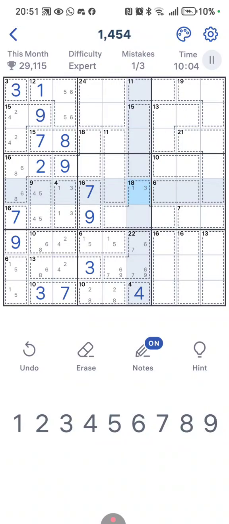I don't even know why I'm doing this. 4 plus 3 would be 7, so that would be 2. 4 plus 1 would be 5. 4 plus 1 is 5, so that'd be 4, and that can't be 4. Okay, I thought that was going to help me for some reason, but it didn't. Oh well.